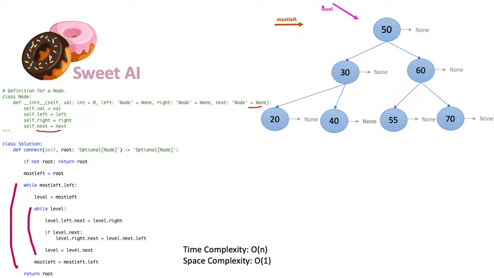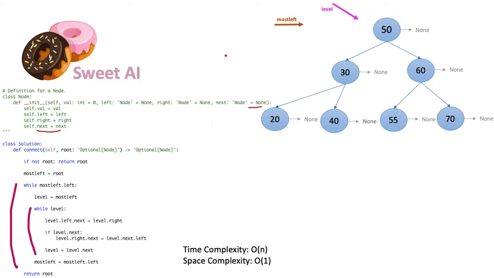Both pointers start from the root node, and the root node by default is pointing to none. When we are pointing at each node, we are going to check the next level nodes. This is how we do it.